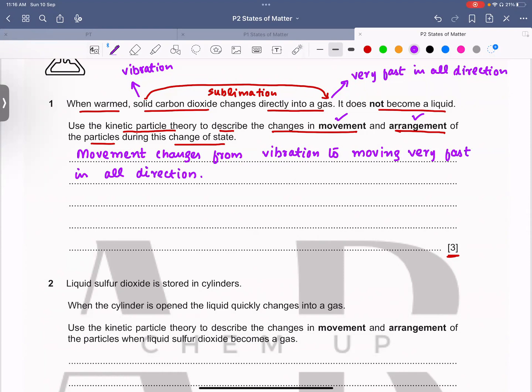Now, we have discussed this movement thing. Now we have to discuss the arrangement thing. That is the second thing.